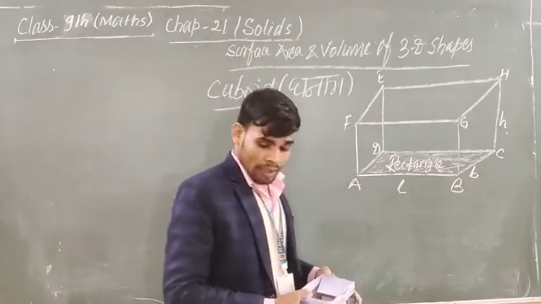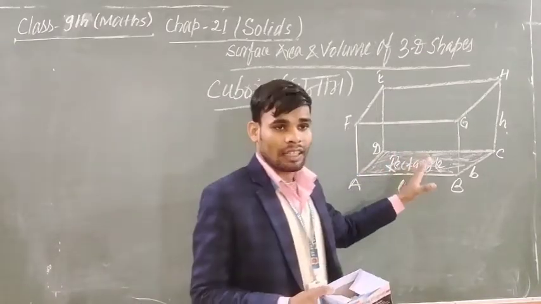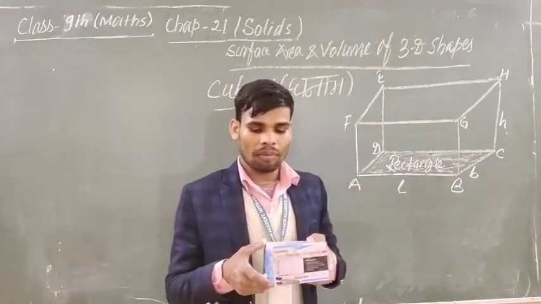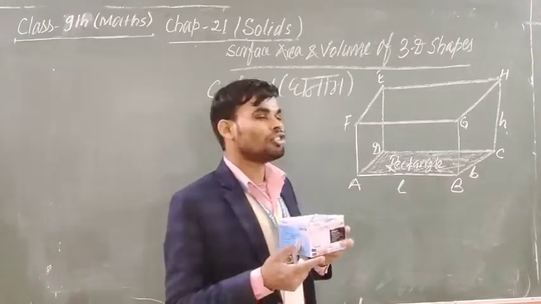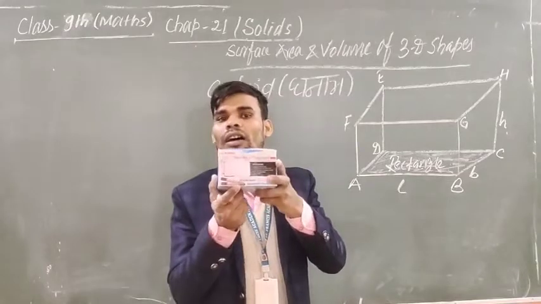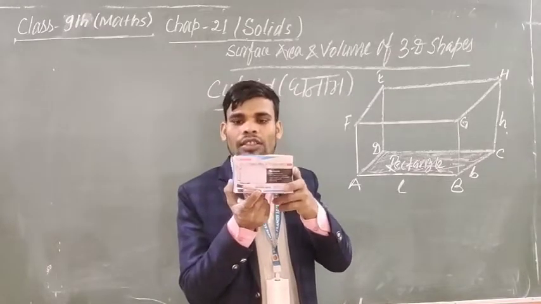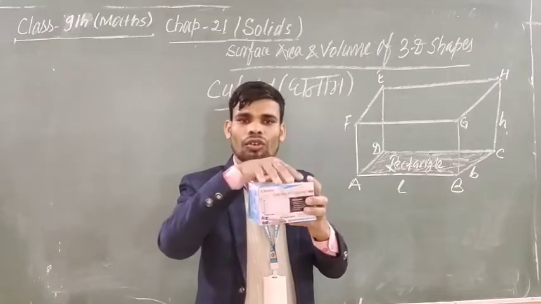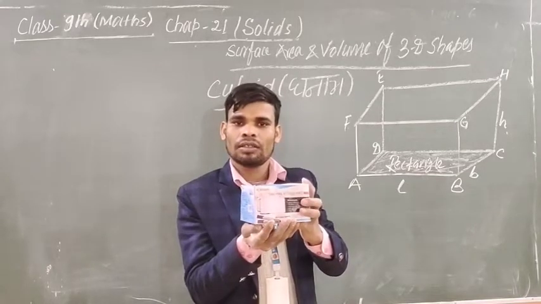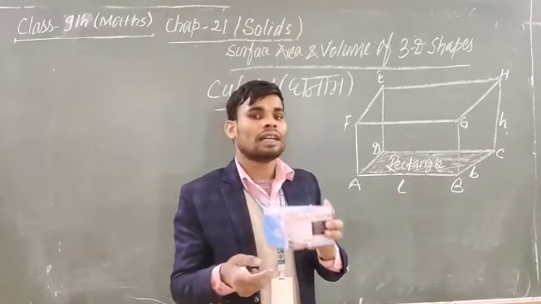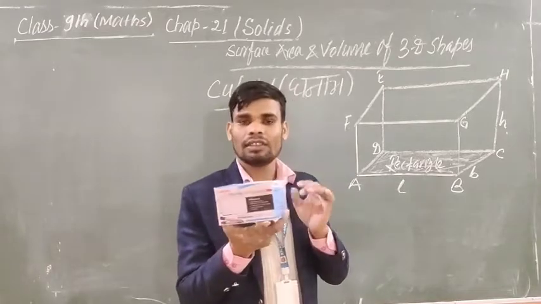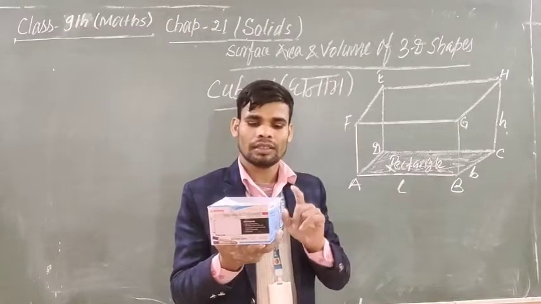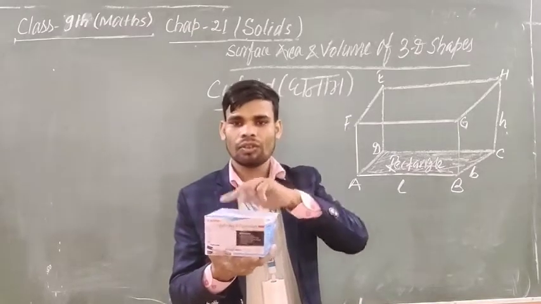So if I talk about the total, how many faces are there? 6 faces. How many edges are there? A cuboid has 12 edges. You may count also: 1, 2, 3, 4 on top and 4 on the base, so 12 edges. And vertices: it has 8 vertices, 1, 2, 3, 4 and 4 below.